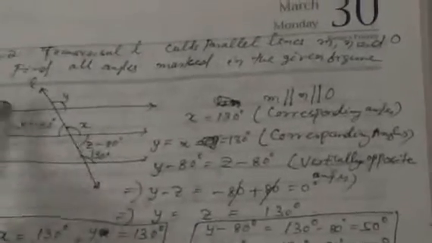All are corresponding angles because they are on the same side, in the same direction, on the three parallel lines. Hence XC is equal to Y and XC is equal to 130. That is a corresponding angle. Y is also equal to 130. That's also a corresponding angle. Now come to the next angle, that is here.